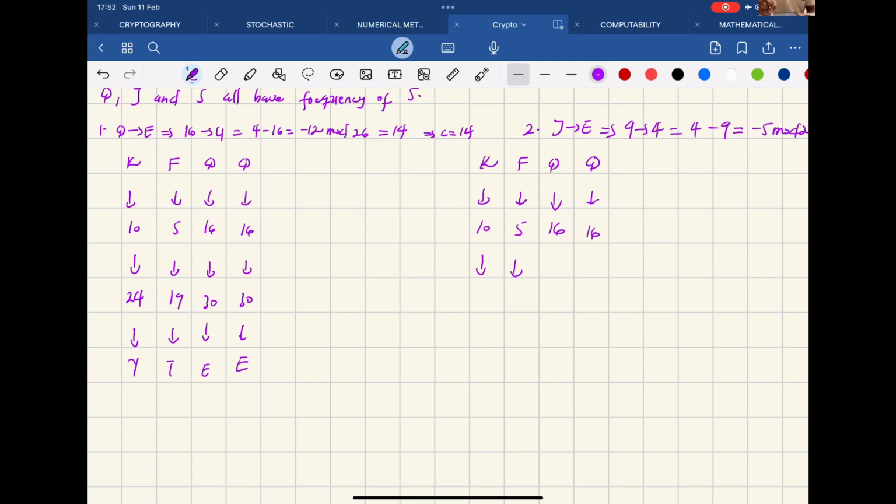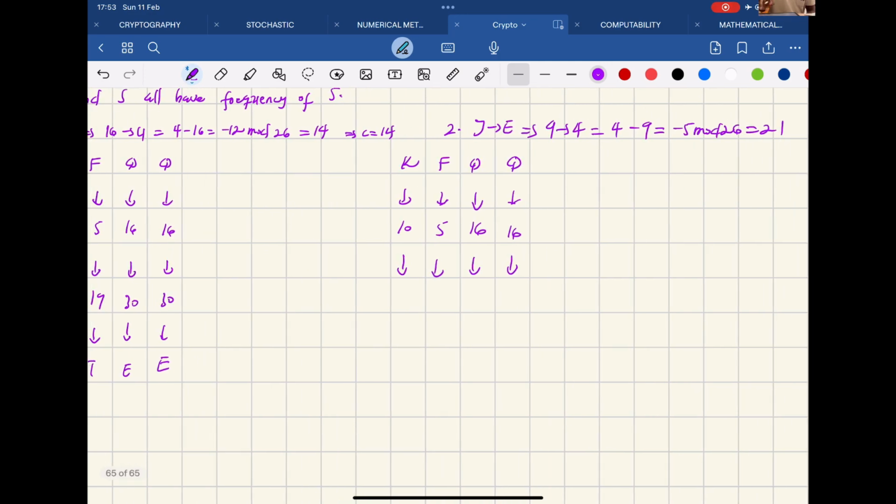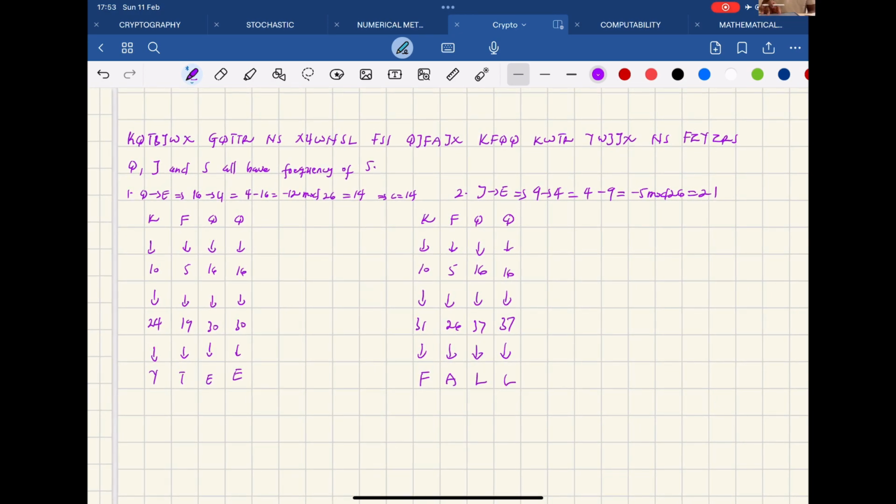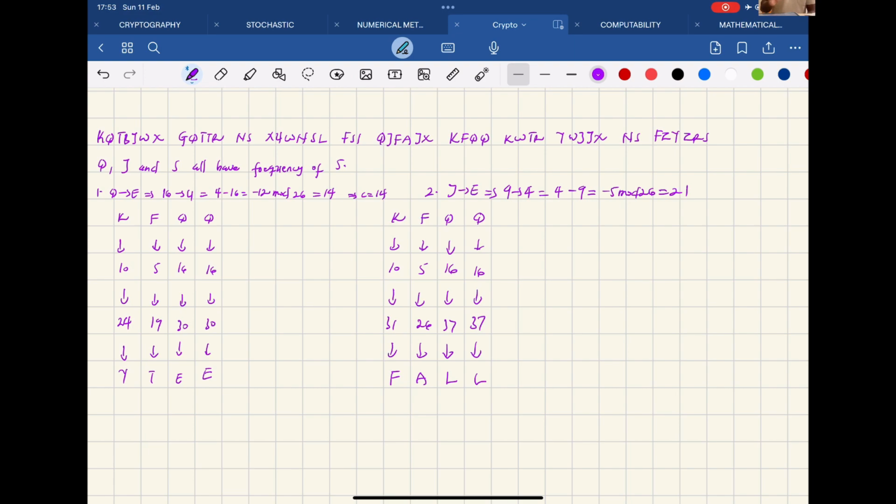If I add the C, which is 21, to these, I get 31, 26, 37, and 37. 31 modulo 26 is 5, which corresponds to F. 26 mod 26 is 0, which corresponds to A. 37 mod 26 is 11, and that is L. You can see that this is a word in the English alphabet. So J corresponds to E, which means our key is 21.